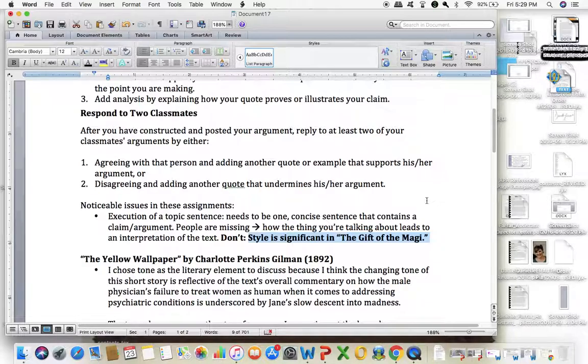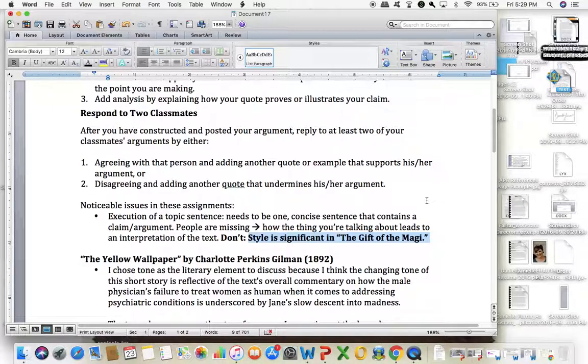We don't just want to talk about style for the sake of talking about style. That's not the purpose of why we use texts as a place to talk about something. We're analyzing texts to talk about something larger.